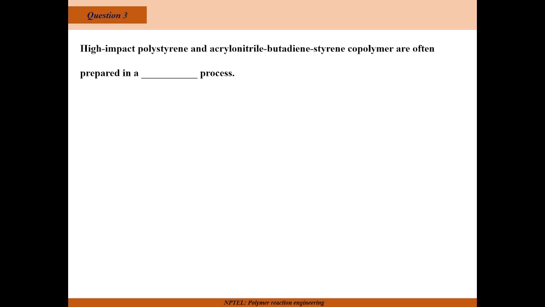Okay, fine. High impact polystyrene and acrylonitrile butadiene styrene copolymer are often prepared in a dash process. What kind of polymerization process is used in the fabrication of high impact polystyrene and ABS copolymer?